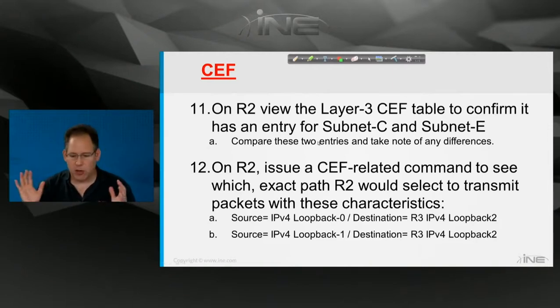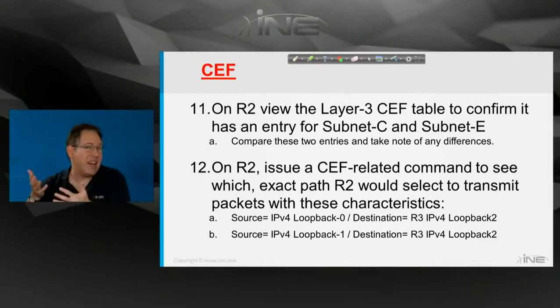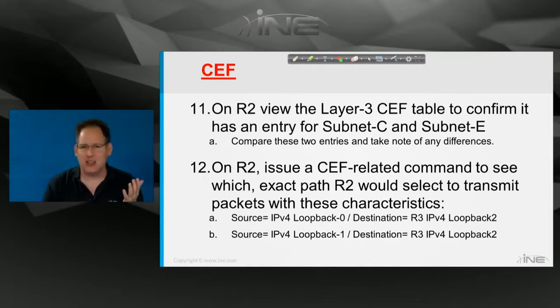And just as a quick review, remember the forwarding information base is basically a copy of the routing table. The routing table's got stuff that we use to forward packets, but also has a lot of stuff that we don't need to forward packets. For example, to forward a packet between interfaces, we don't really care how it was learned, whether via EIGRP or OSPF or connected, could care less. To forward a packet between interfaces, we don't care what the distance or the cost is.